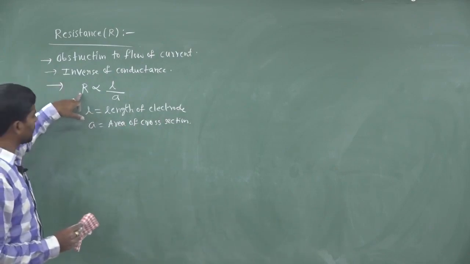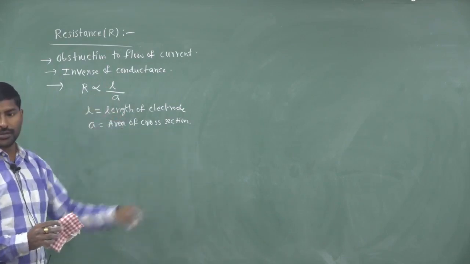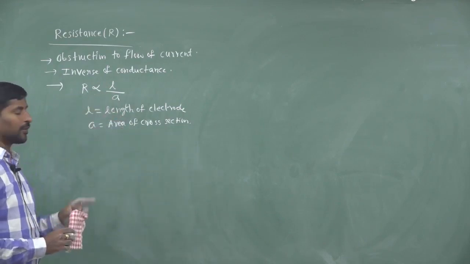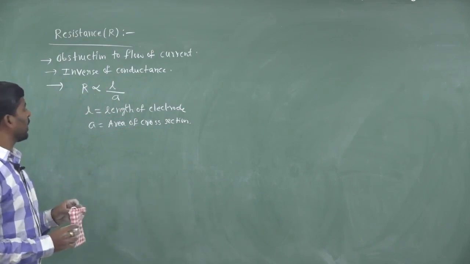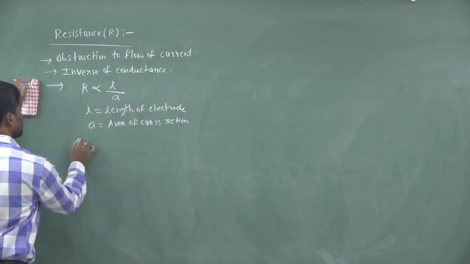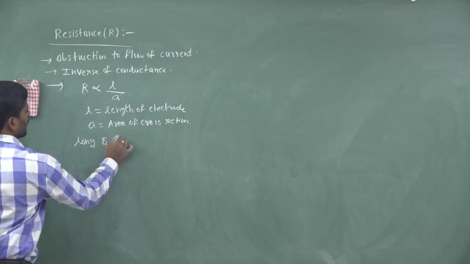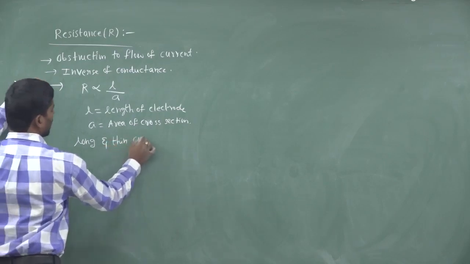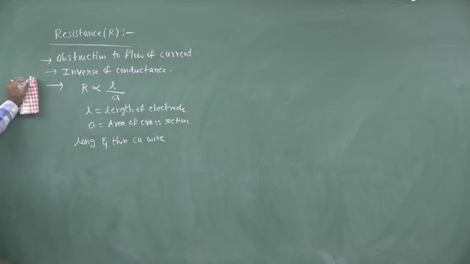Experimentally it is observed that resistance is directly proportional to length of electrode and inversely proportional to area of cross section of electrode. For example, if you take a long and thin copper wire, what about the resistance?